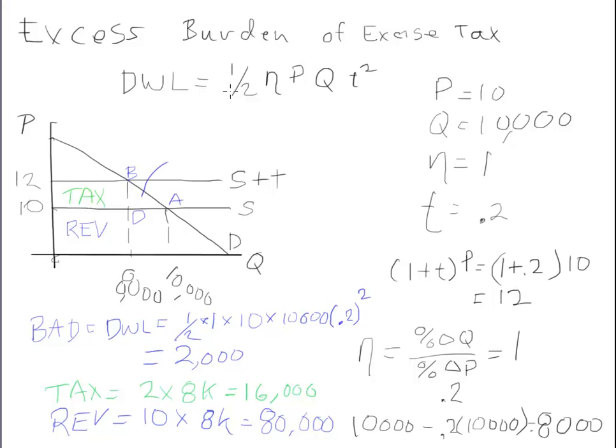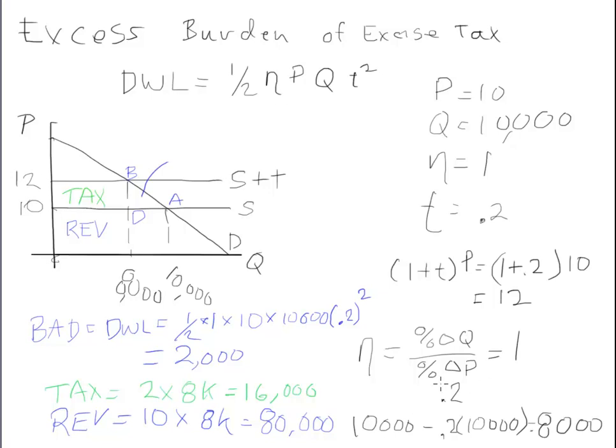And so, quick summary. Here's our equation: 1/2 times the demand elasticity times price times quantity times tax squared. We set a price of $10, quantity of 10,000, elasticity equal to 1, tax equal to 0.2. Where did we get those? We made them up. So on quizzes, what I often do is change the numbers. We also saw that 1 plus 0.2, 20% higher than the original price of 10, is 1.2 times 10, which is $12.